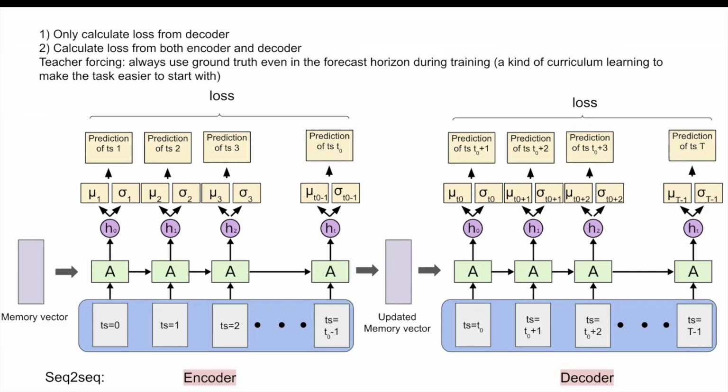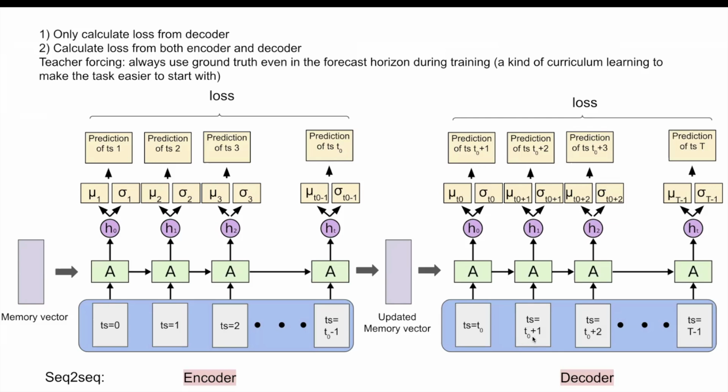A trick that DeepAR used in their paper is called teacher forcing, which deals with the issue that during training at the beginning, your model will be very off in terms of making those predictions. If you try to predict t+2 and you are basing your prediction on what you predicted for t+1, because we are doing an RNN, you'll have to use the prediction from the previous time step as your input to the next time step.